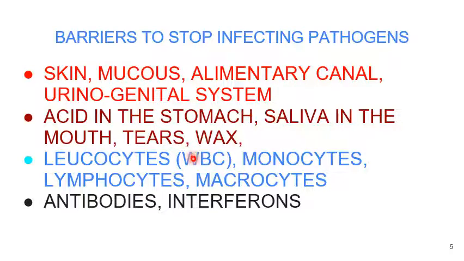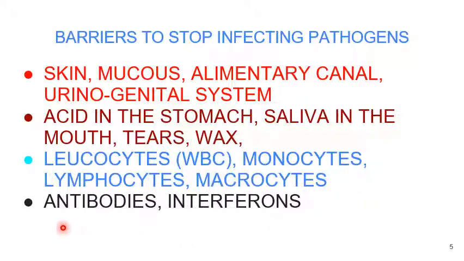They come to the bloodstream, and there these cells have the ability to respond to the pathogen or the antigen produced by the pathogen, and then they can fight it out. This is the third level of defense.